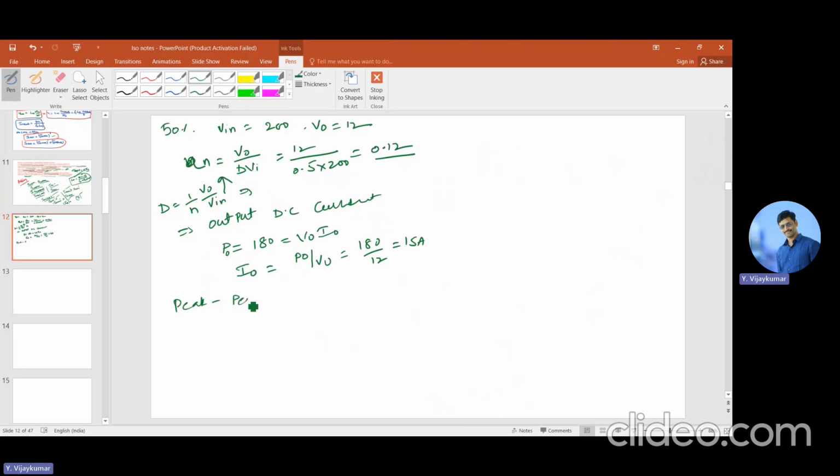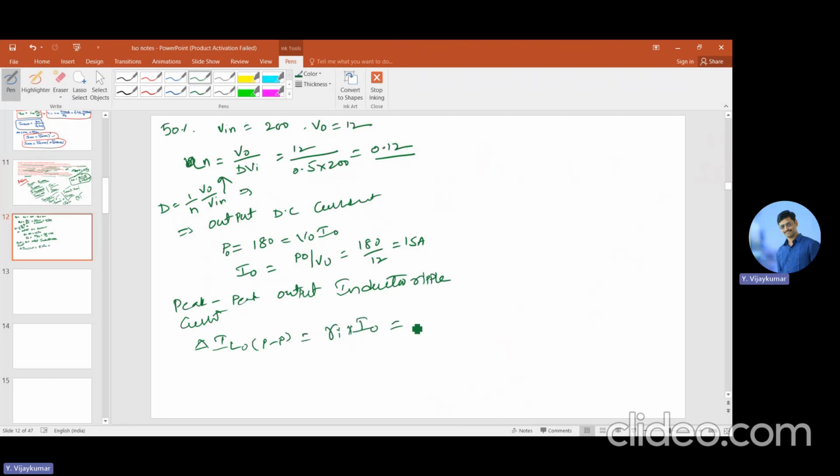Peak to peak output inductor ripple current. So what is the formula? Just now I told you, delta IL naught peak to peak is equal to Ri into I naught.